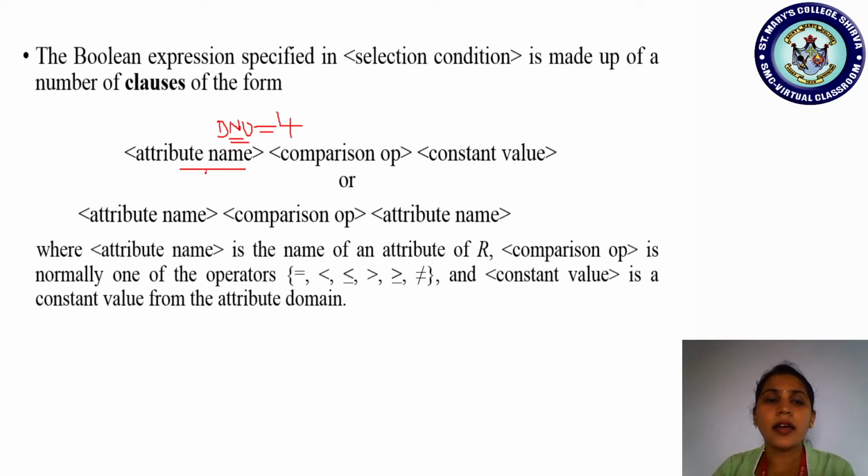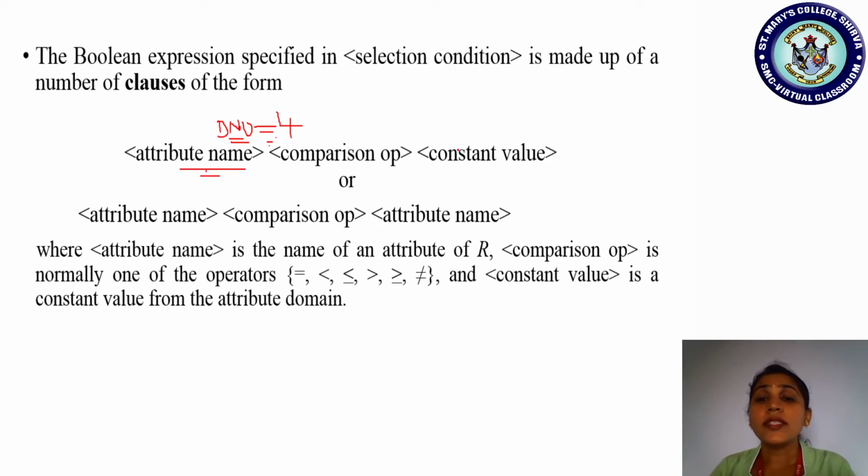According to the syntax, in the selection condition the first parameter represents the attribute name. The second is the comparison operator. So equal to means it checks whether the left hand side is equal to the right hand side.